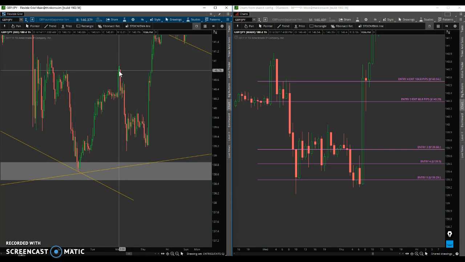Nice impulsive move off of that, and the first part of my positions, the first trades that I took on this, I got trail stopped out. I took profit on part of it, and then the second part I got trail stopped out once price broke back down below this wick here.